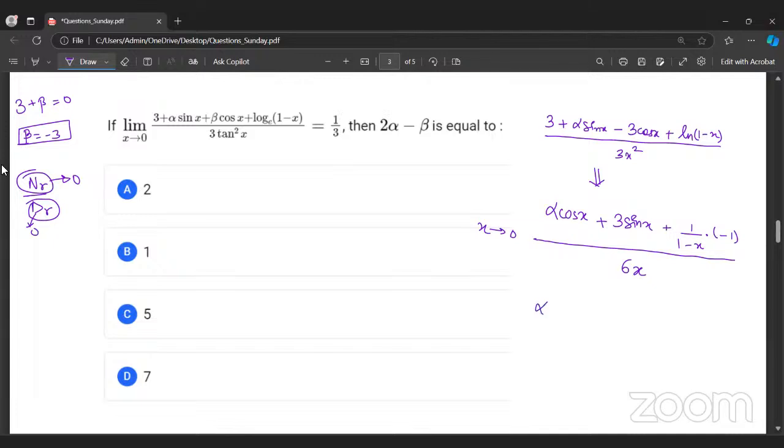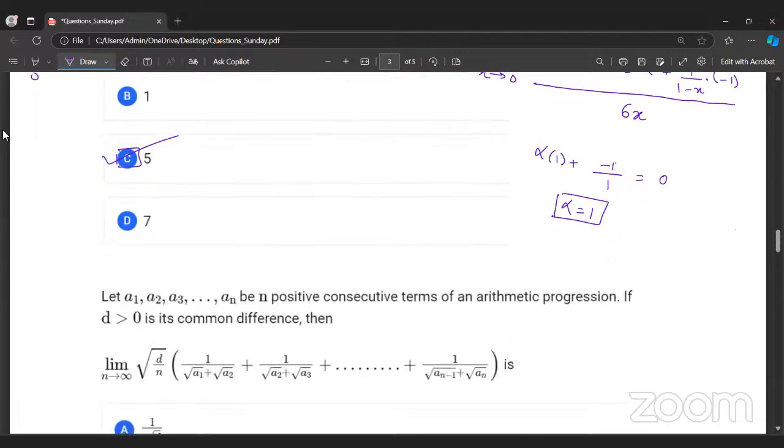So we have alpha into 1 plus 3 into 0, that is 0, plus -1 divided by 1 minus 0, and this thing should equal 0. So alpha is equal to 1, and beta is equal to -3. So 2 alpha minus beta should be equal to 5. Agree, everyone? Yes, sir.